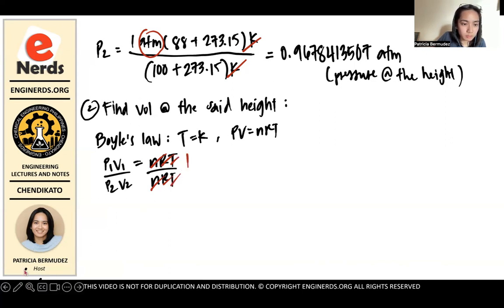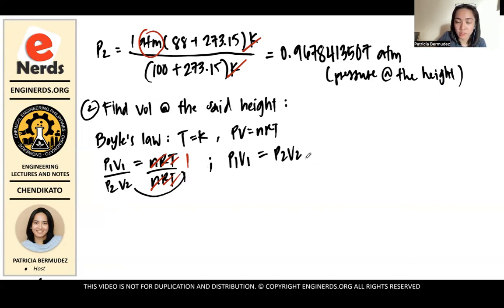So we can relate this to become P1 V1 is equals to P2 V2 kasi we transpose this sa yung denominator natin here. Kaya siya naging ganito. And this is Boyle's law.